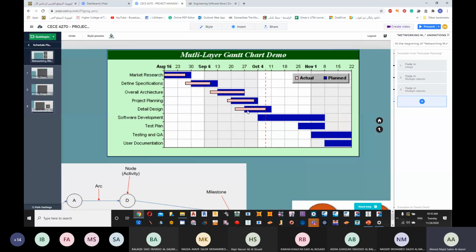Because you see detailed design starting after the overall architecture, but once again, overall architecture can be depending as well on the defined specifications. So detailed design can have two relationships rather than only one. It might be that detailed design is depending on both overall architecture and defined specification, or it might be only one relationship, which is overall architecture. Okay. So once again, one of the hardest things in the Gantt chart is to know the relationship between the tasks, unless you are involved in that particular project.